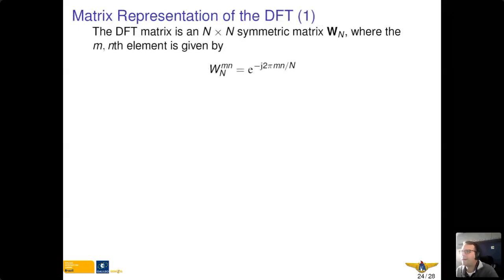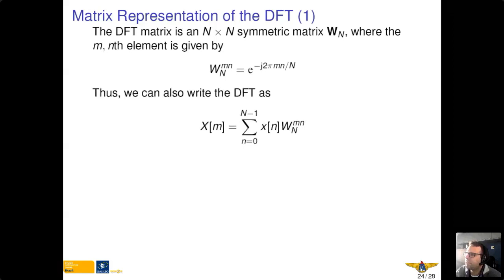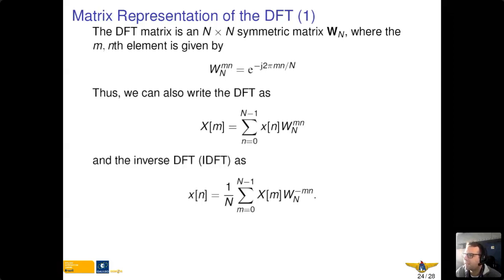Yeah. So, matrix representation of the DFT: the DFT matrix is an N by N symmetric matrix Wn, where the mnth element is given by the exponential function e to the power of minus j 2 pi mn divided by N. We can then reformulate the DFT and also the IDFT, the inverse DFT, by using these elements of the matrix.